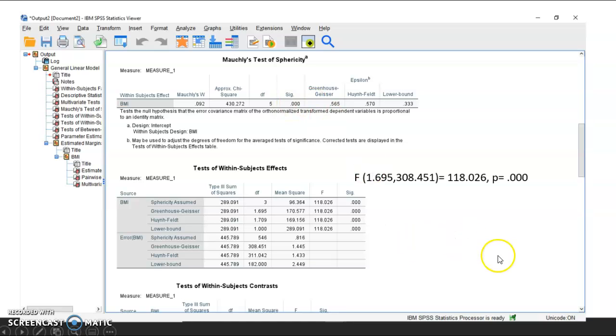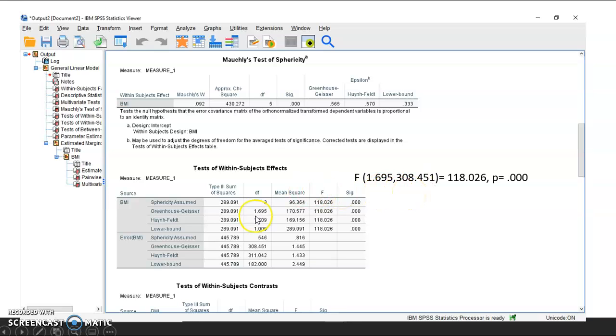So because sphericity is violated, we will look at the Greenhouse-Geisser and/or the Huynh-Feldt test. I'm going to just use the Greenhouse-Geisser for this example.